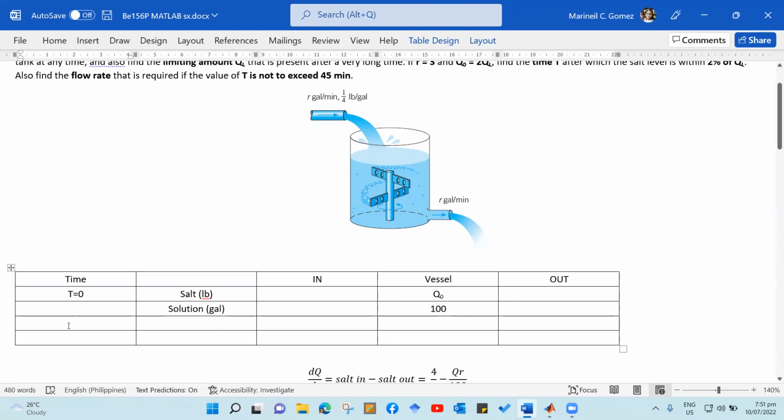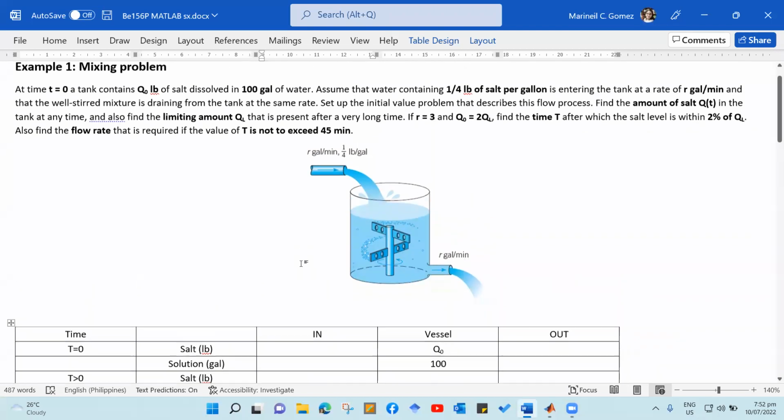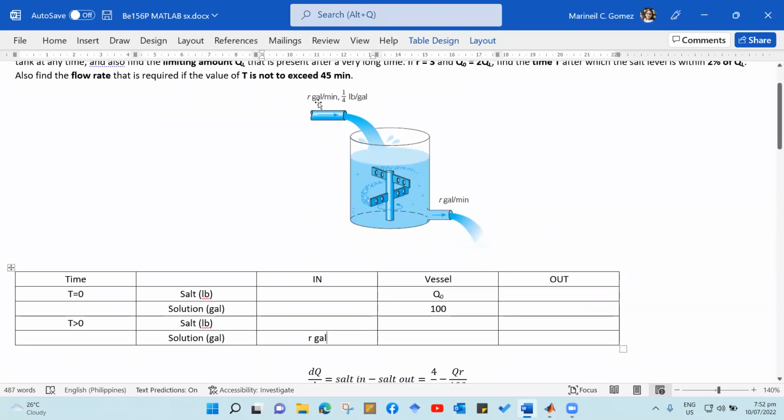When the inflow occurs, at a time greater than 0, when we start the clock, we have the salt and the solution. You have a solution flowing in at r gallons per minute, and going out is also r gallons per minute.